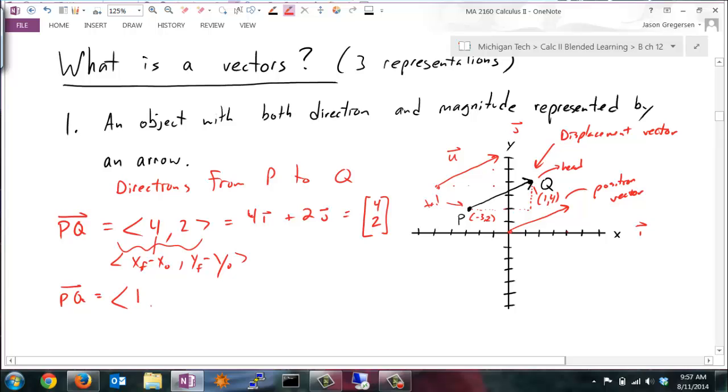It has an initial x value of -3, so I subtract those two values. My final x minus my initial x, and I take my final y, which is 4, minus my initial y, which is 2. When I do those calculations, I get 4, 2, which of course is the vector. So that's one way to think about it, taking the final x minus the initial x, the final y minus the initial y.